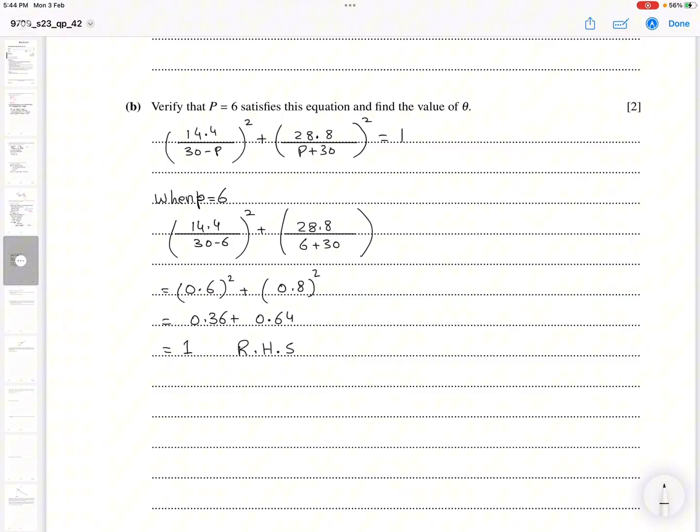So we can say P is equal to 6 satisfies the equation.